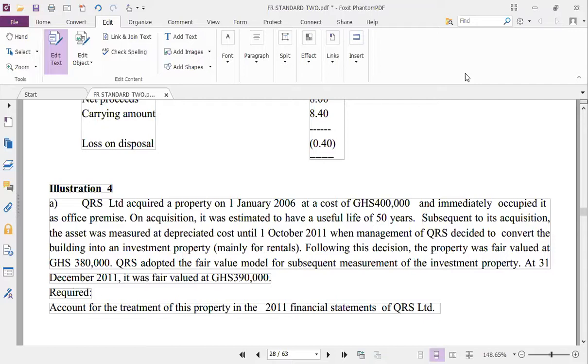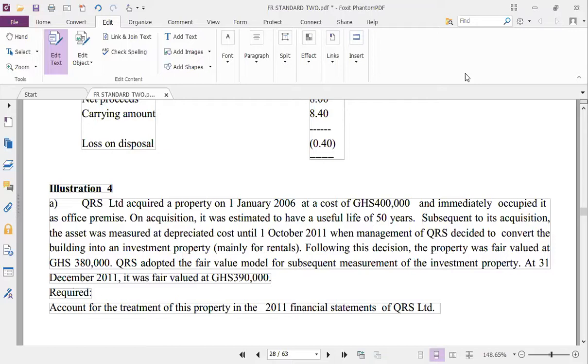The company adopted the fair value model for the subsequent measurement of its investment property. As at 31st December 2011, it was fair valued at 390,000 Ghana cedis. Required: account for the treatment of this property in the 2011 financial statements of the company.